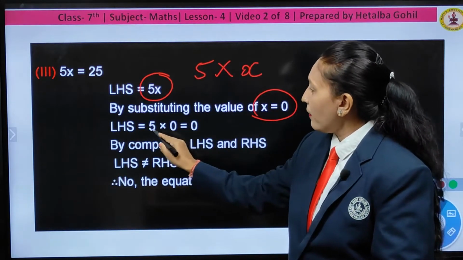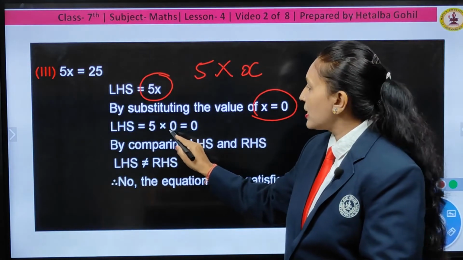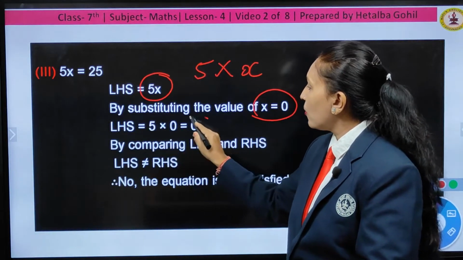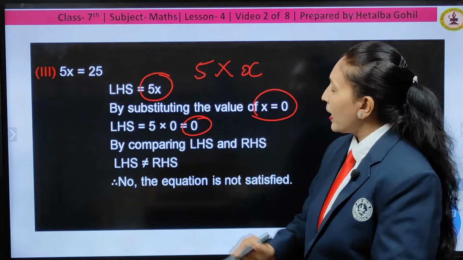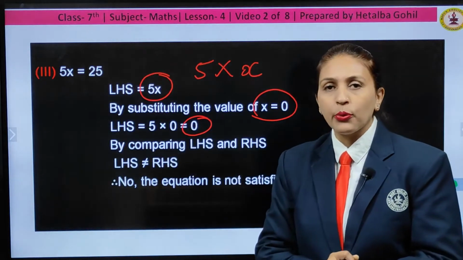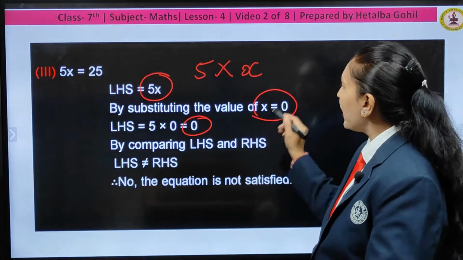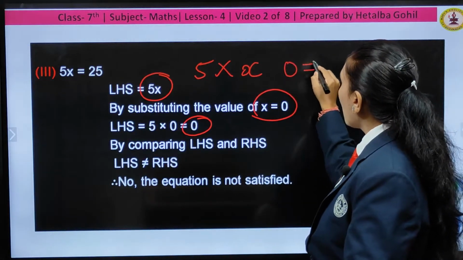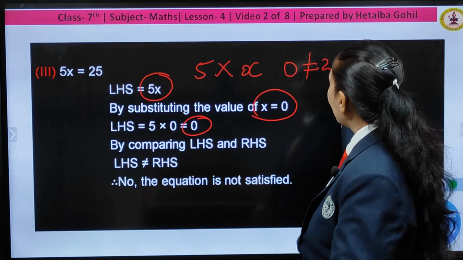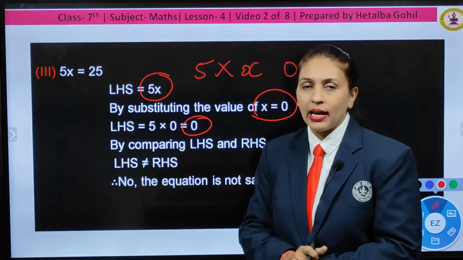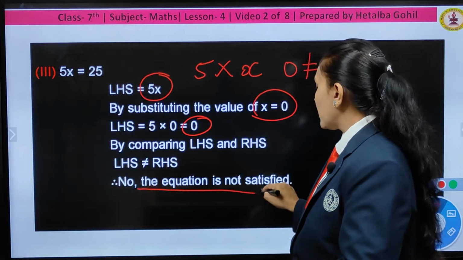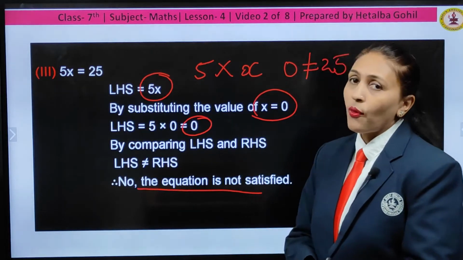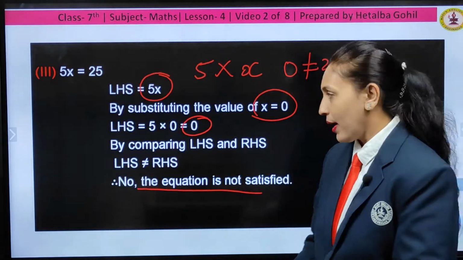So 5 into 0, we get 0. But RHS is given in the question as 25. That means 0 is not equal to 25, so LHS and RHS are not equal. Hence the value of x does not satisfy the given equation.